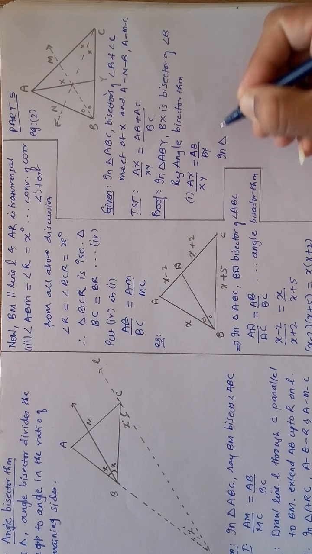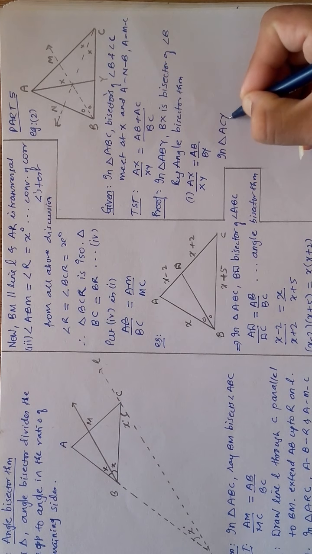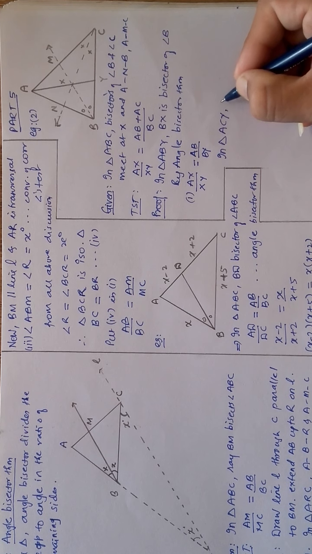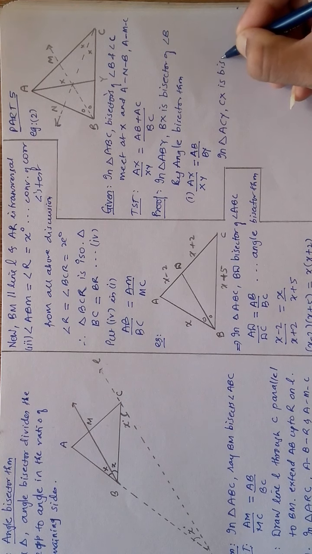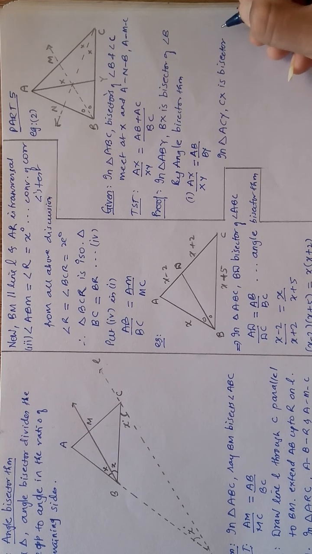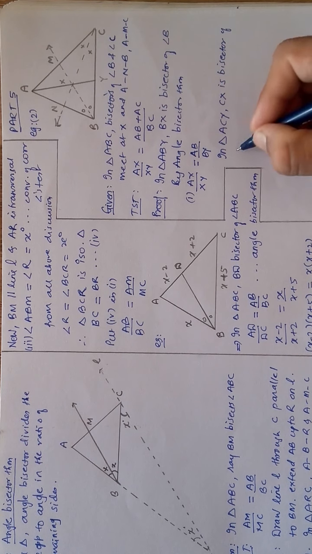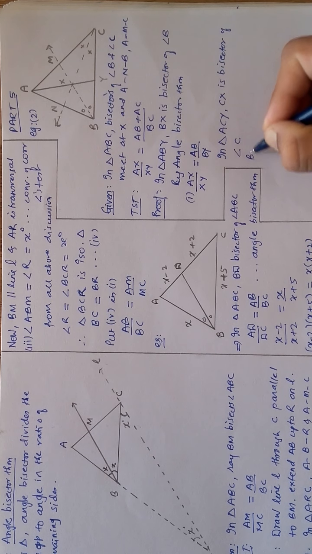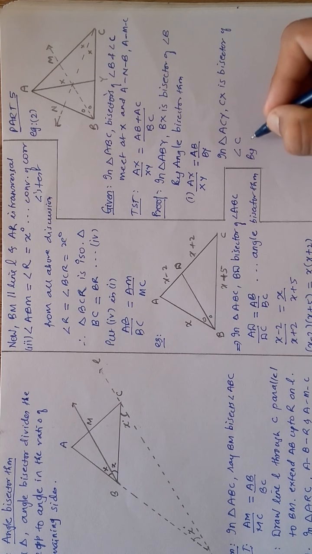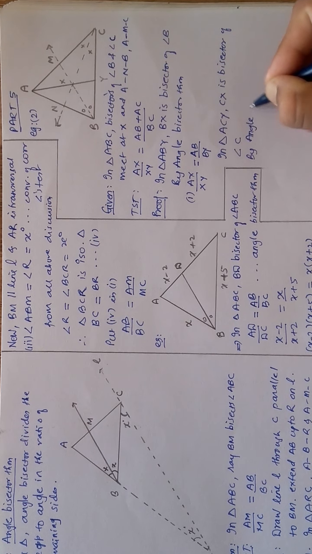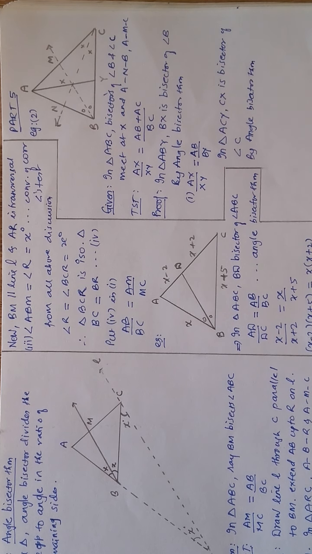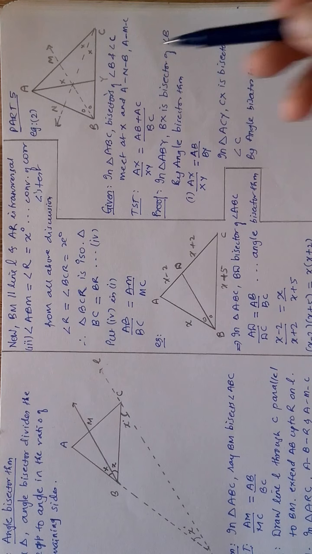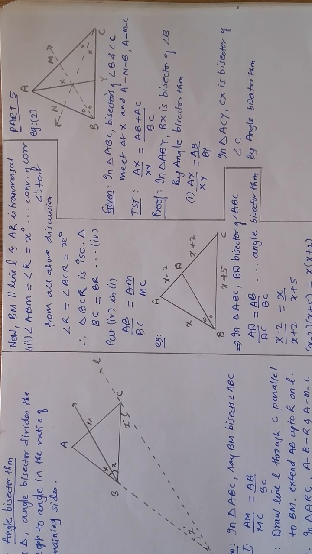That is, in triangle ACY, you have CX as the bisector of angle C. So by the same angle bisector theorem, again I will say the side opposite to the angle, the ratio in which it is divided.